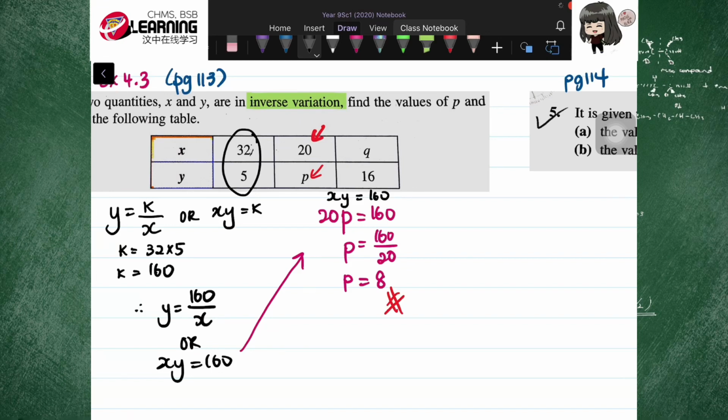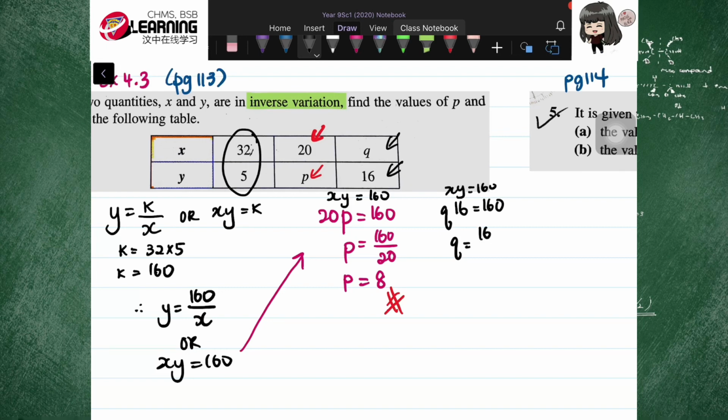And the same thing goes for finding q, xy. So your x is q, your y is 16, and it equals 160, because the constant you found just now is 160. The equation given is x times y equals 160.